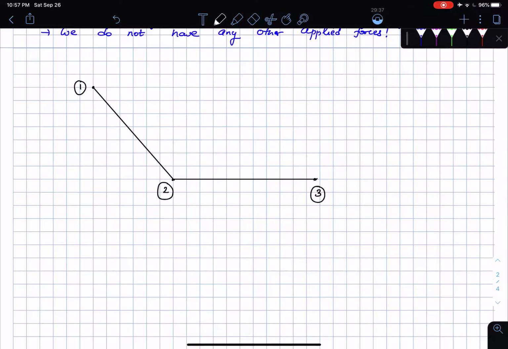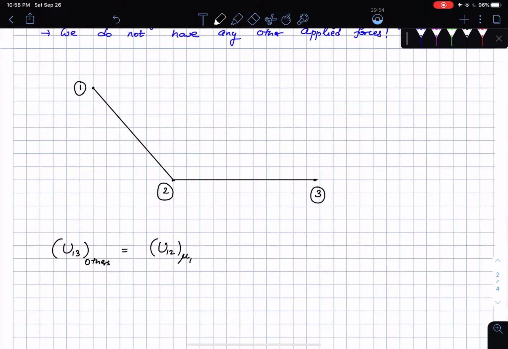Because the particle is traveling from 1 to 2 and then from 2 to 3, I have to take care of the fact that U13 others is equal to U12 due to the friction force plus U23 due to that friction force between 2 and 3.